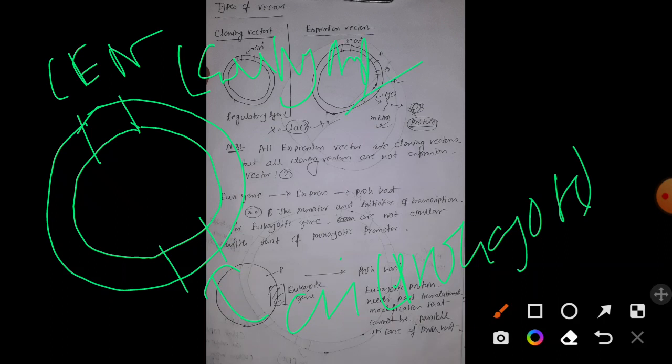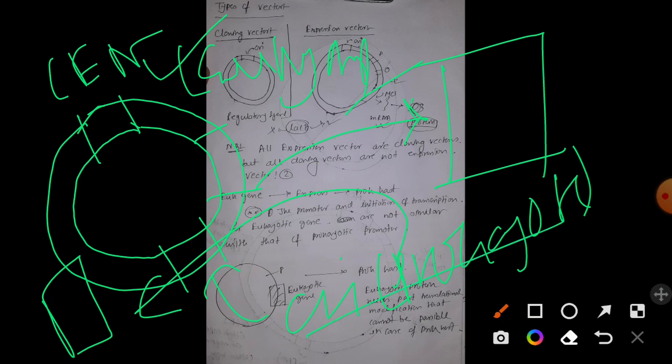As it is a circular DNA, it will go for bidirectional replication. So if we incorporate the gene of interest insertion site inside a eukaryotic host, this eukaryotic origin of replication will function. Similarly, if we insert it inside a prokaryotic host, this prokaryotic origin of replication will start to function. So that is the problem solving approach, right?